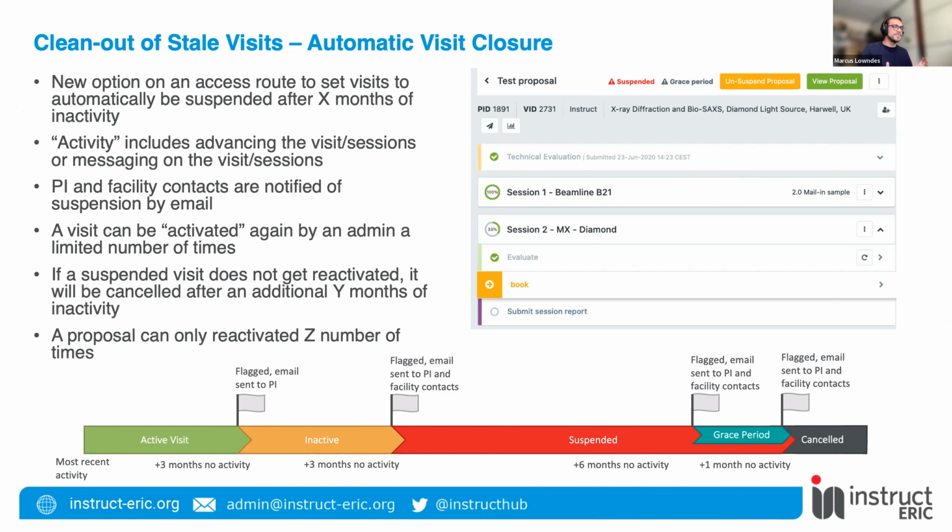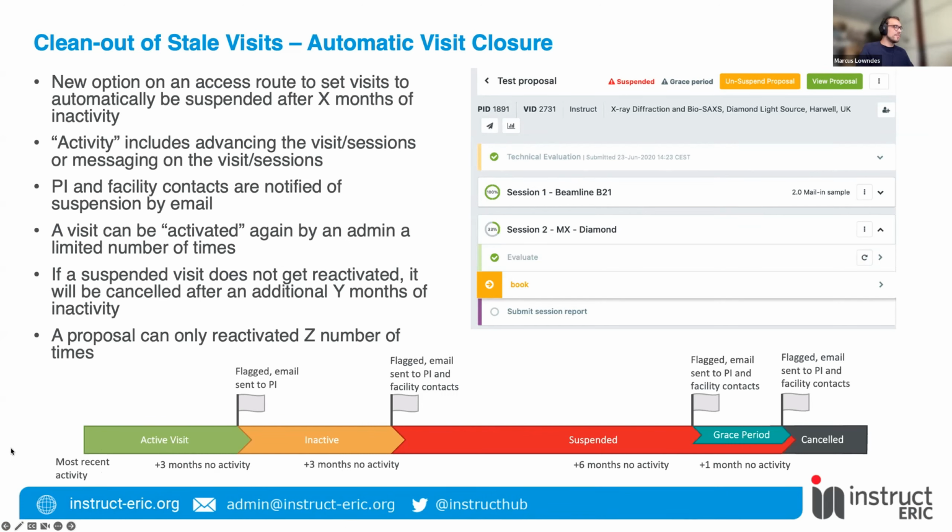So after X months, let's say 6 months in total, your visit could be set as suspended. And in this case, activity specifically basically just means any kind of update to the visit or any messaging from the users, like the PI, the proposal team, to the service admin or the access administrator or anything like that. Even this includes sessions as well, obviously. So if sessions are updated, that also counts as activity.